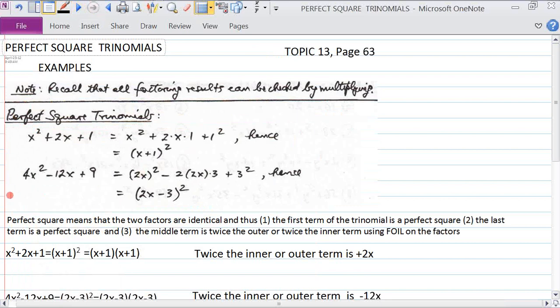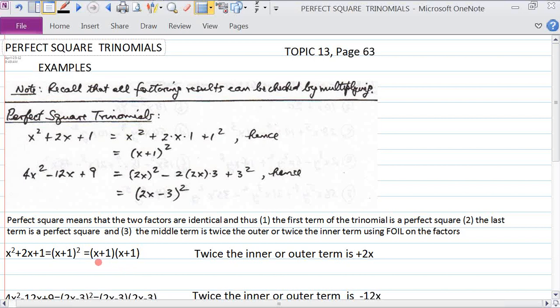And here we see we're going to talk about perfect square trinomials. You take this one first here, and I've rewritten it here. x squared plus 2x plus 1 equals x plus 1 all squared. So this trinomial is really this. And what this means is that I multiply x plus 1 times x plus 1.